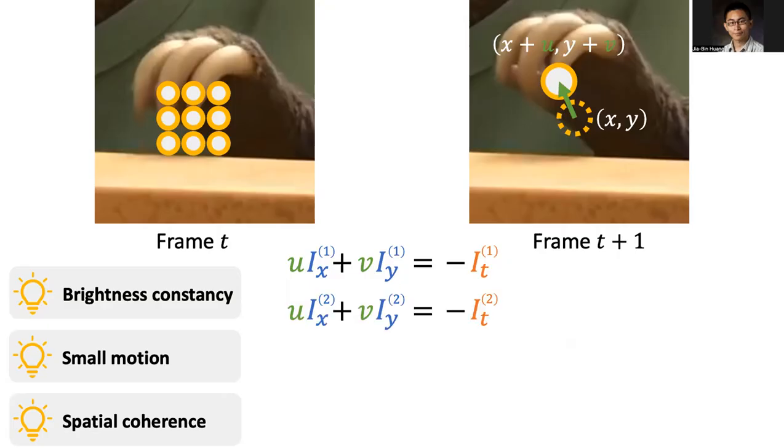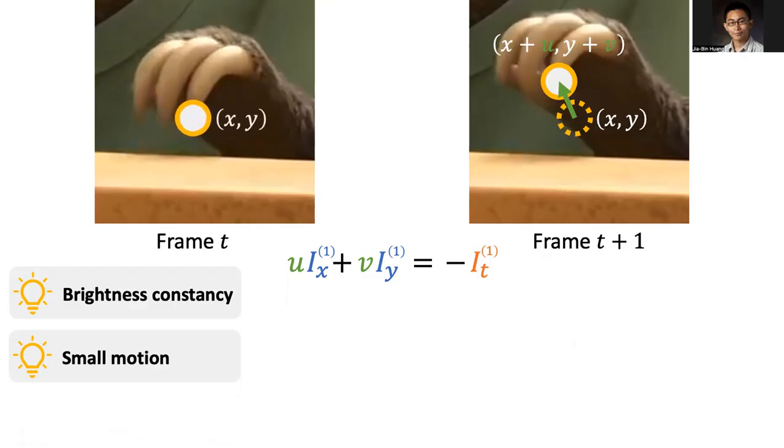The key again here is that from the first two assumptions, you can derive an equation that tells you what u and v must be. They must lie on a line in the u and v solution space.